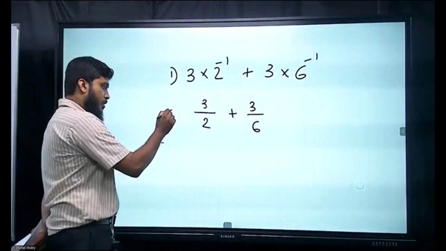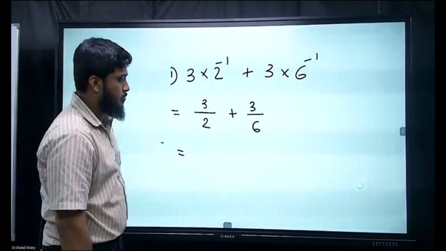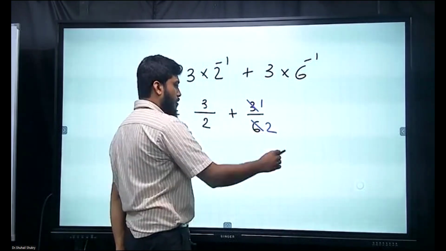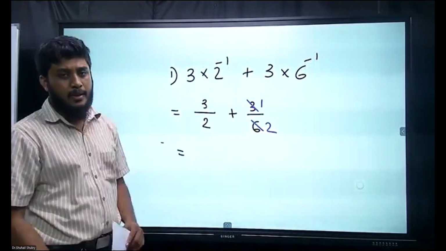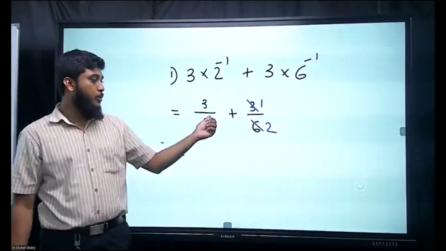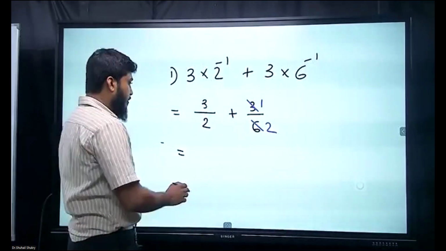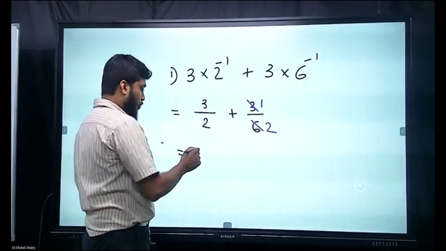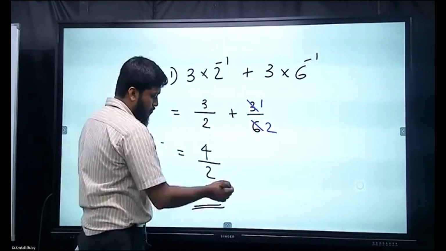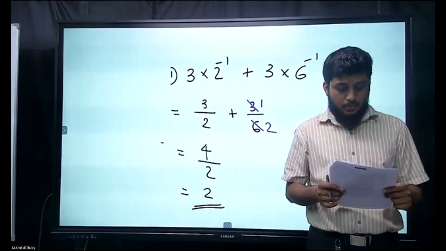And if you have a chance to simplify anything, you can simplify that. 3 simplifies to 1, 6 simplifies to 2. Now automatically you are getting a common denominator, no need to multiply by 3. Now you can add these things. 3 plus 1 is 4 over 2. 4 over 2 means the answer is 2. So this is the answer for the first one.